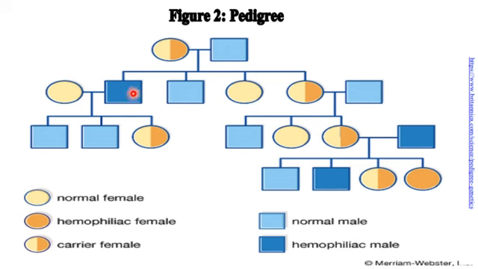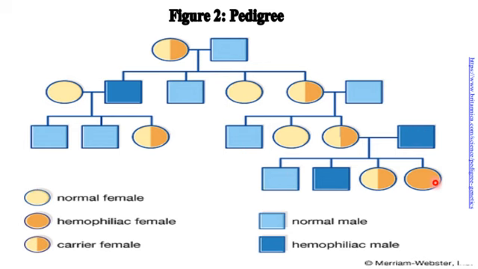The affected male marries a normal female, and they have three children, two normal and one carrier. And then the other girl, a carrier, marries a normal male, and they have three children, all normal, but one is a carrier. The carrier one got married to a hemophiliac male.